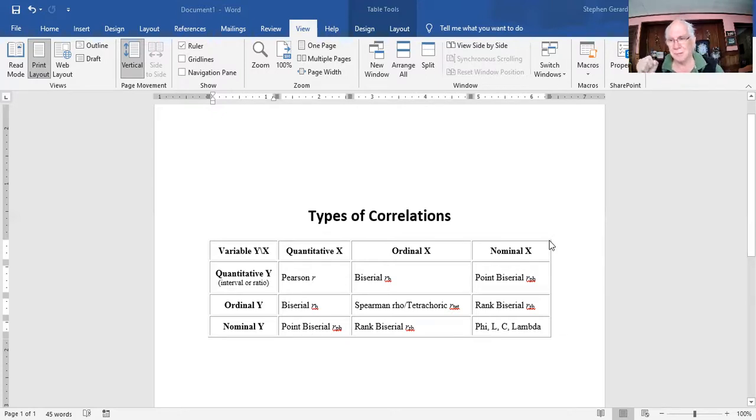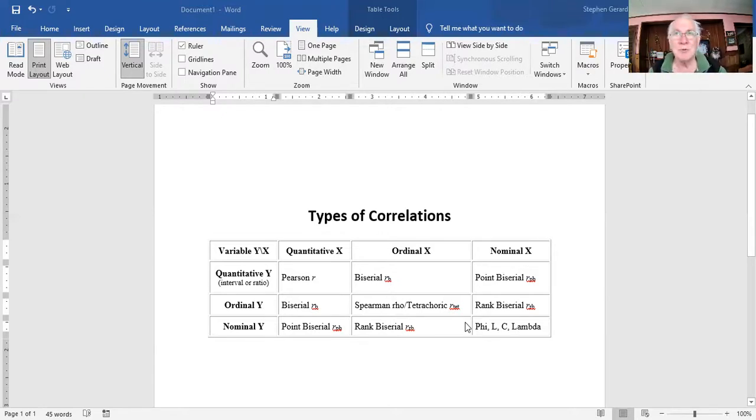I keep harping on this issue because it tells you what kind of correlation you should be using if you want to do some computation. If you want to do a correlation between two types of ordinal data, you'd use a Spearman's rho or a tetrachoric R.